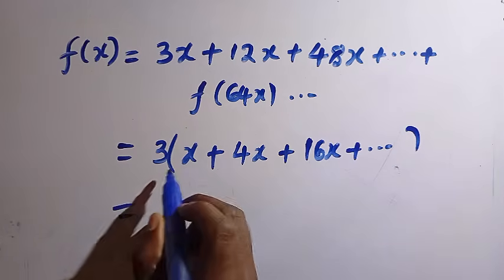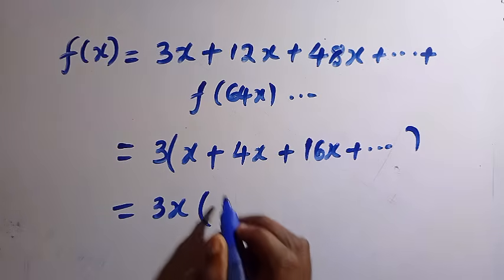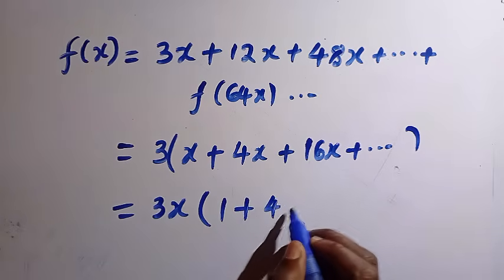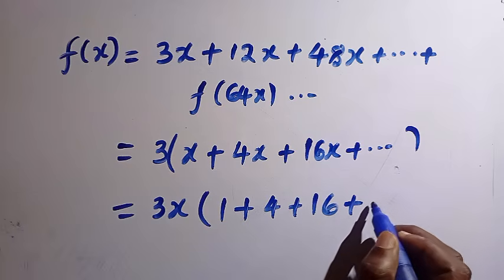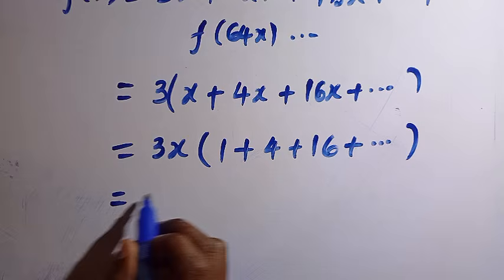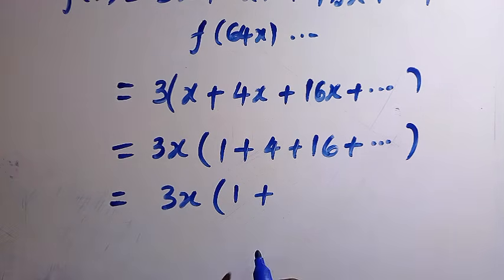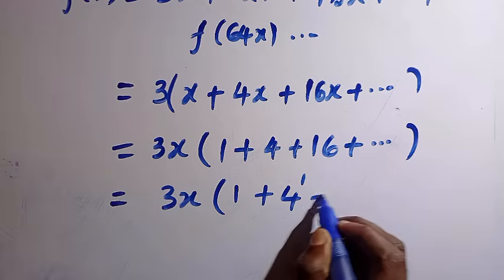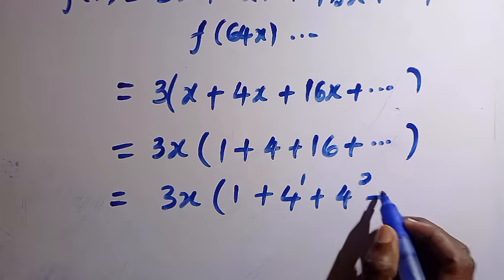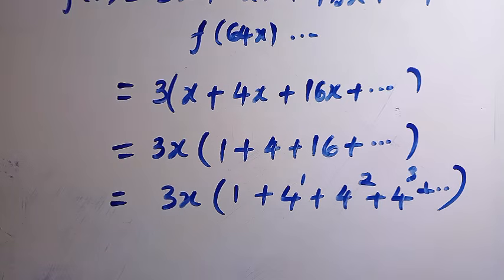Let's say I take out x as well, we have 3x bracket, this will be 1 plus 4 plus 16 plus dot dot dot. Looking at this, we can write it as 1 plus 4 power 1 plus 4 power of 2. The next one will be 4 power of 3, and this continues.